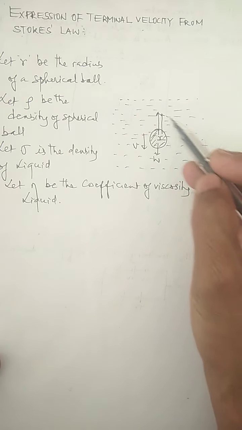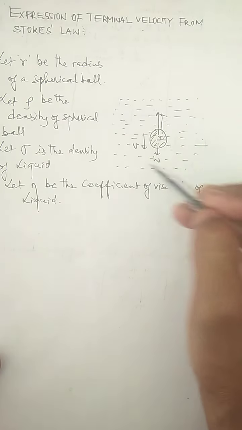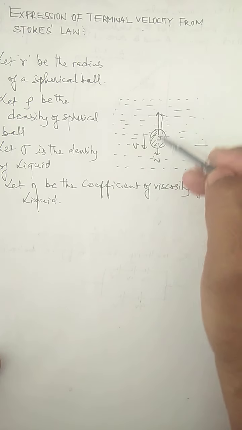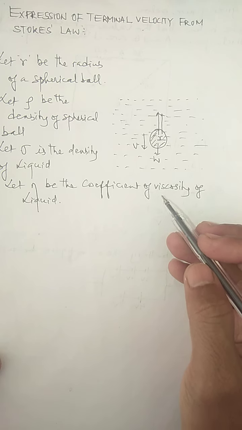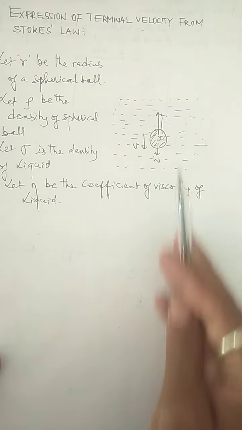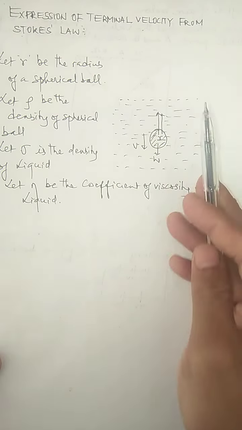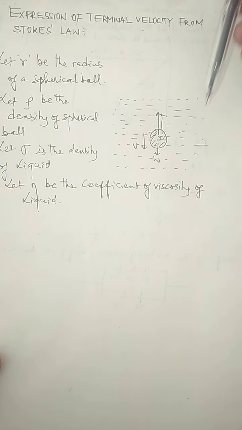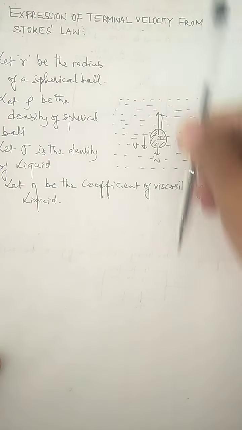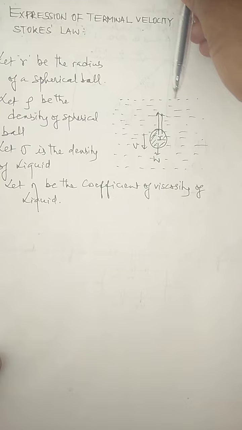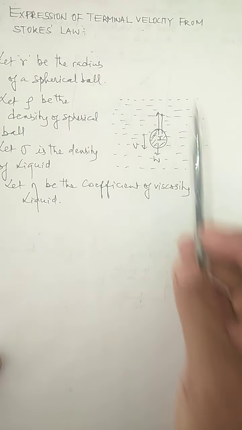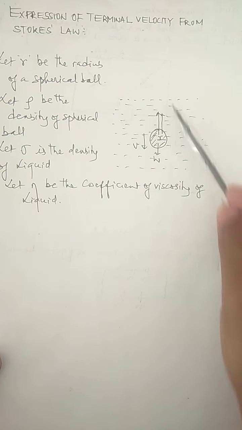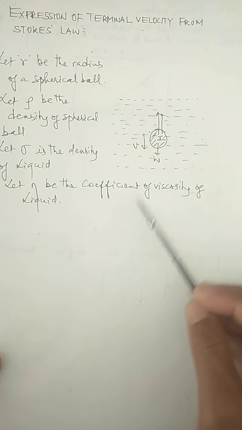But there will be a stage which the ball falling down in a liquid will reach, where the opposing viscous force is exactly equal to the net or effective force driving the ball. The effective force driving the ball is downward, and the viscous force which opposes the motion of the ball is upward. These two forces are exactly balanced at that stage.